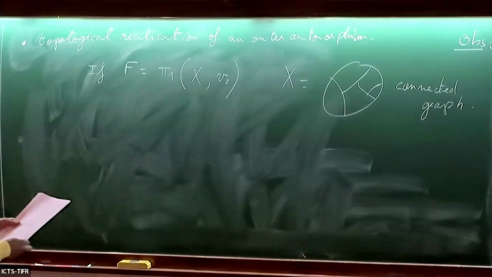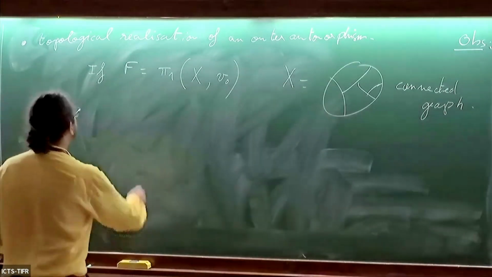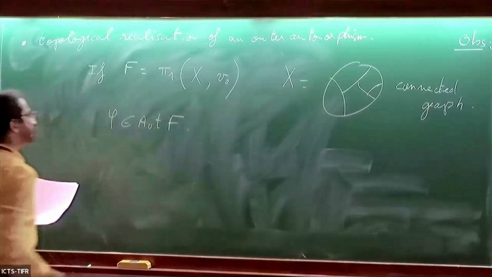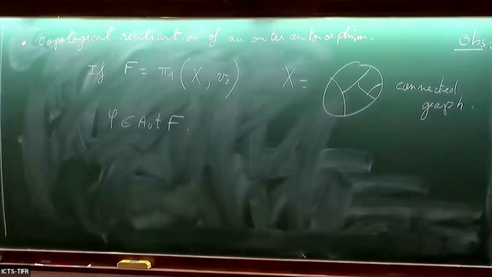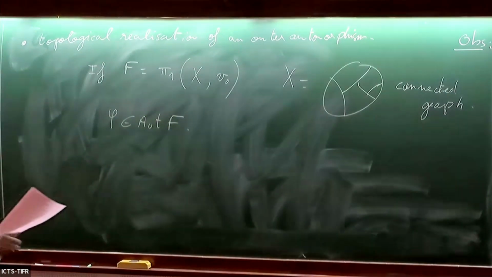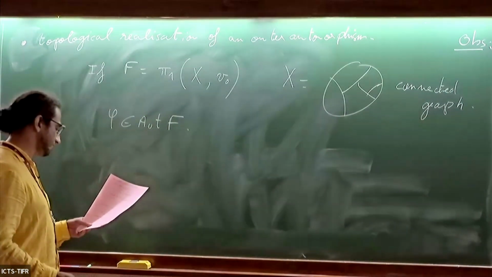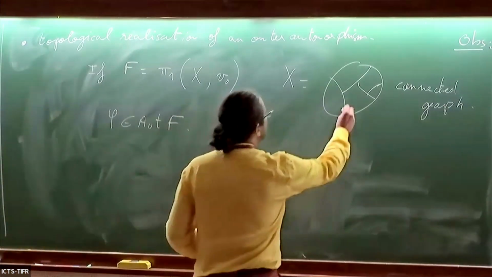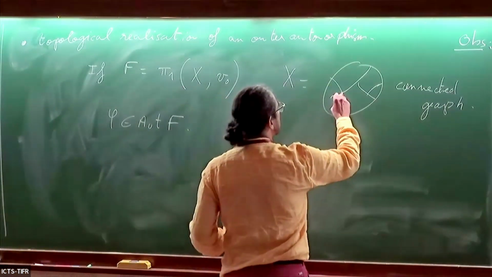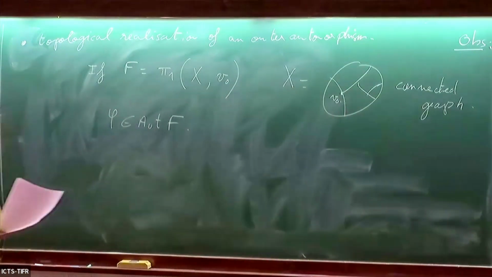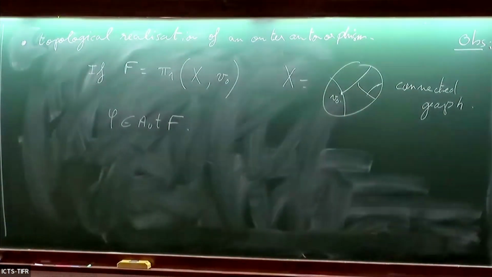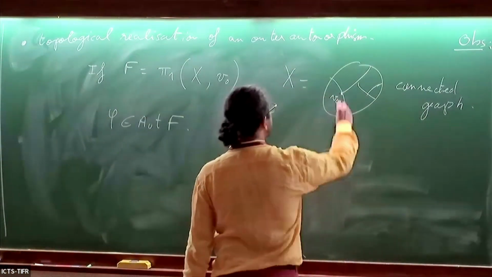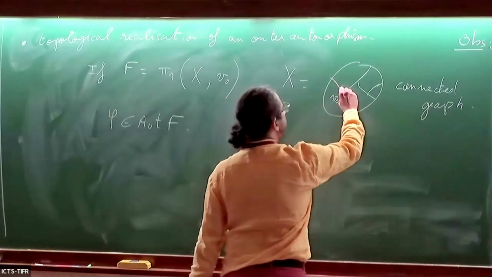Okay, and if I take phi in Out(F), somewhere I have some vertex that I called V0 here. Realizing phi as an automorphism, so I told you, you first take a spanning tree.